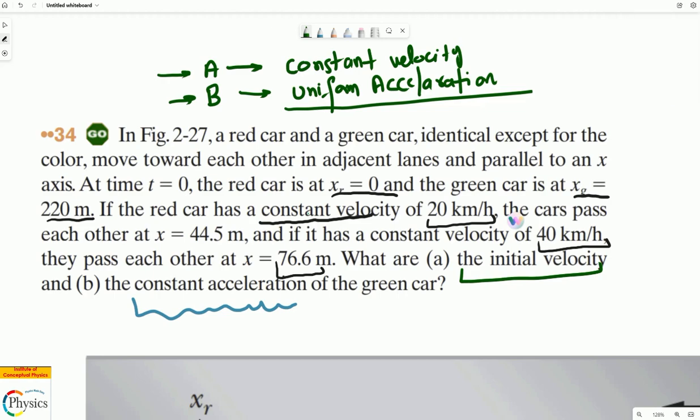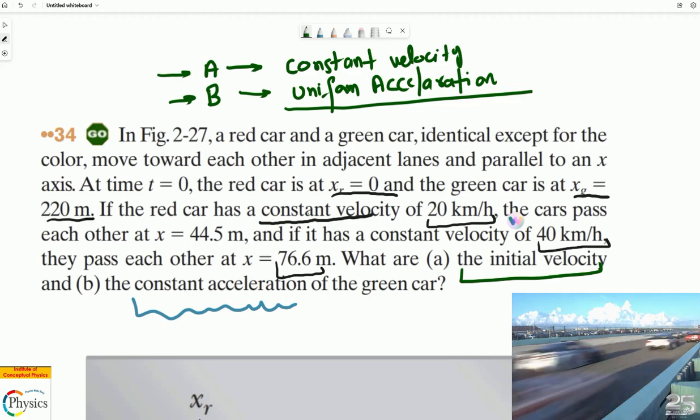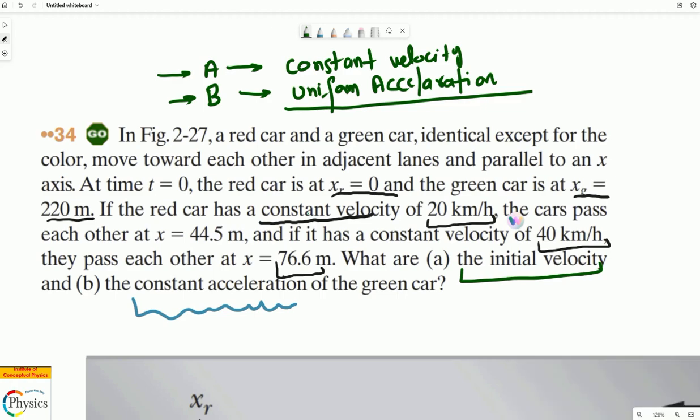So this is the first step you always need to think about. For car number B, you will always write the equations of uniform acceleration. Use that equation and make equations for B. This is logic number one in your mind: what type of motion is being exhibited by the bodies?